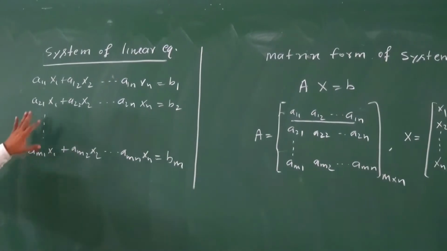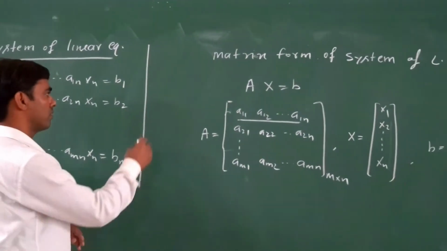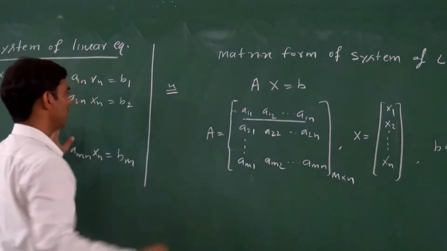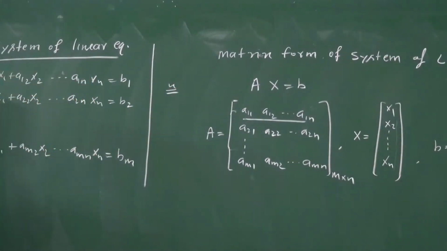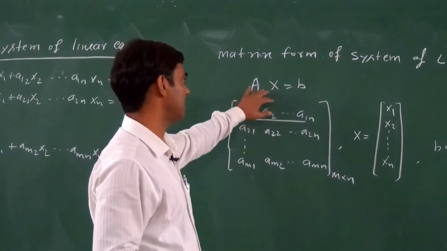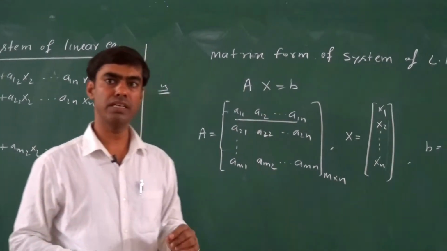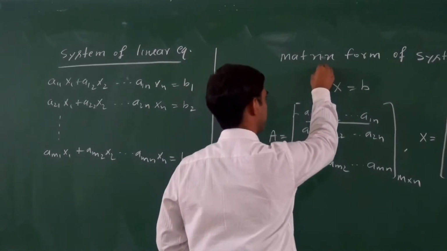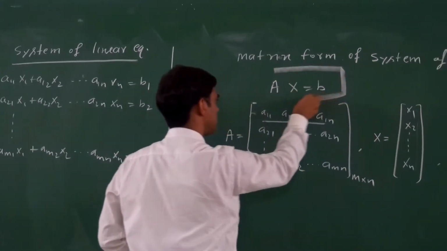So, this is the equivalent form of this system of a linear equation in a matrix form. For theoretical interpretation, we always write the system of a linear equation in matrix form, meaning Ax equal b.